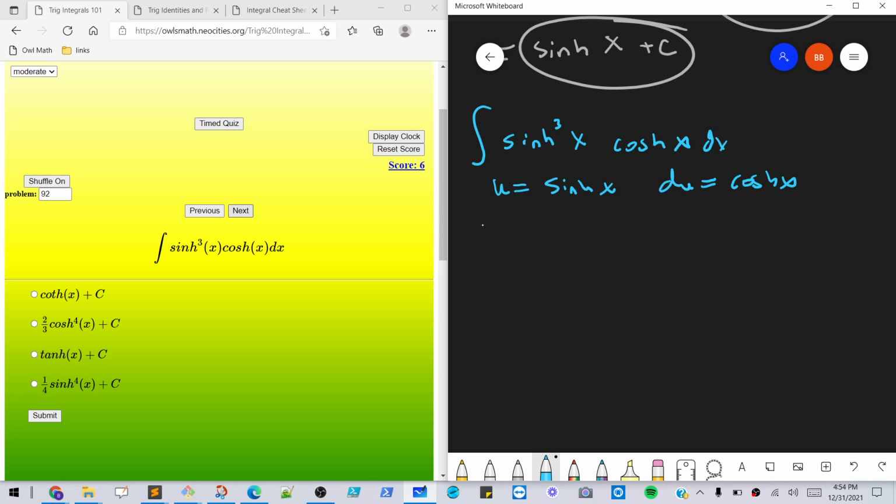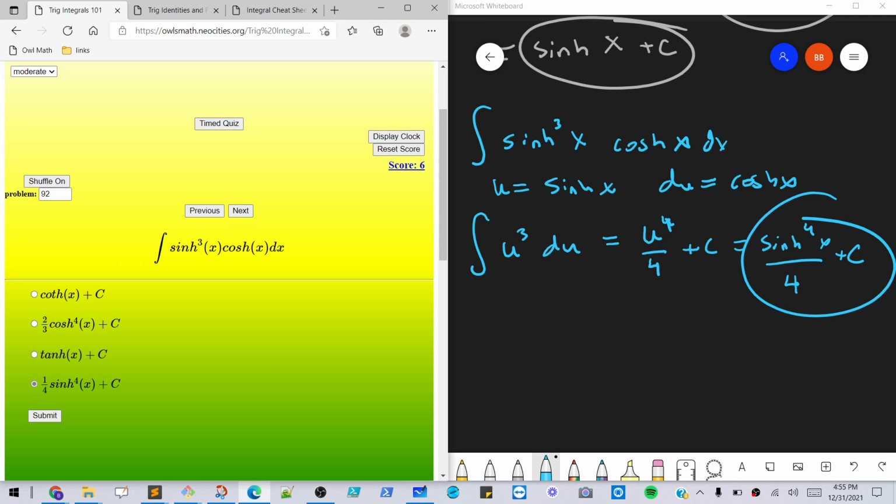We redo this u substitution, and then we can just use the power rule for 4. So that's just going to be equal to sinh to the 4th x over 4 plus c. And I'll check it. Okay, that's 7 down. Next one.